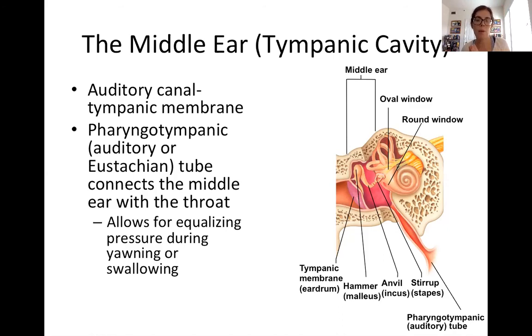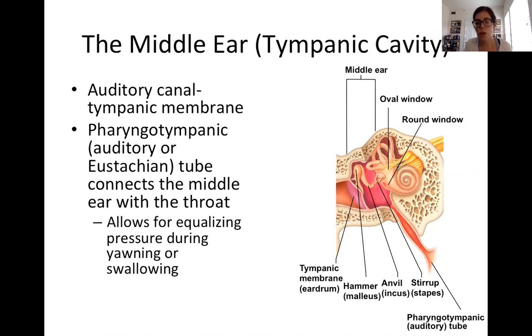And that tympanic membrane can start to bulge, and that causes a lot of pain. And so to relieve that pressure, to equalize them again, you need to open up your pharyngotympanic tube because normally it's closed. And so you do this by yawning or swallowing. This is why when you're on an airplane, you want to chew gum or something to help you open up that tube and relieve the pressure.